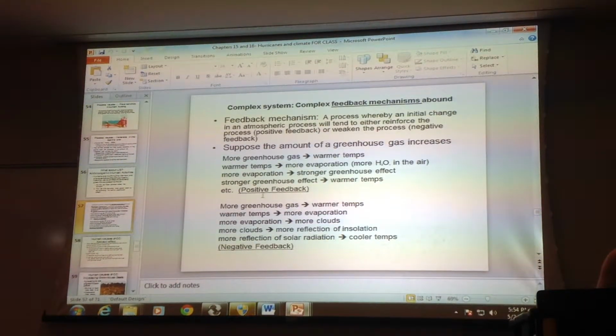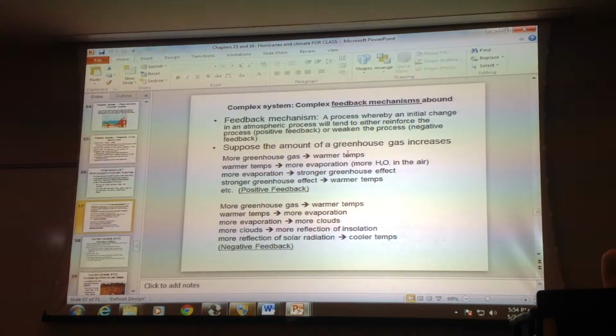This one. So we talked about greenhouse gases lead to warmer temperatures. So there's the initial change. Temperatures are warming. Now, that allows for more evaporation. More evaporation leads to a stronger greenhouse effect because water vapor is a greenhouse gas. And then stronger greenhouse effect means warmer temperatures.